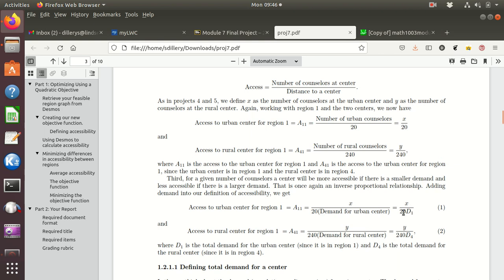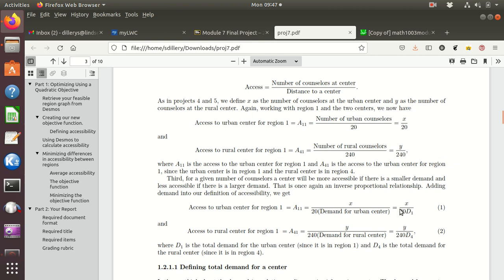So the demand matters as well, and the bigger the demand, again, the less accessible. Okay, so an inverse relationship, because as demand goes up, or maybe that's the population of the area or related to the population, you're going to have less access to that center because everybody else wants access too.